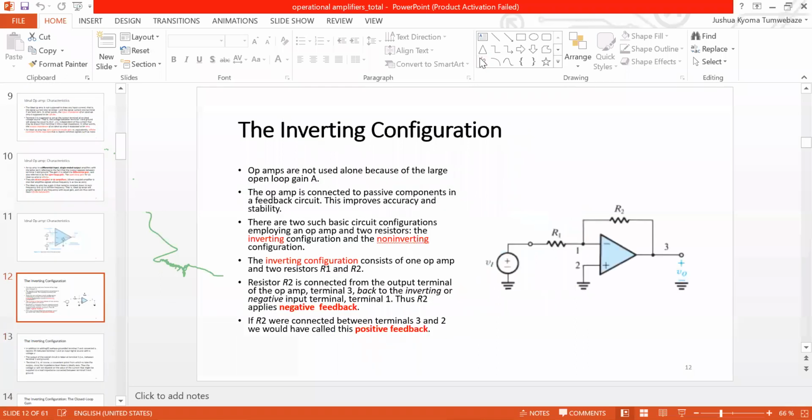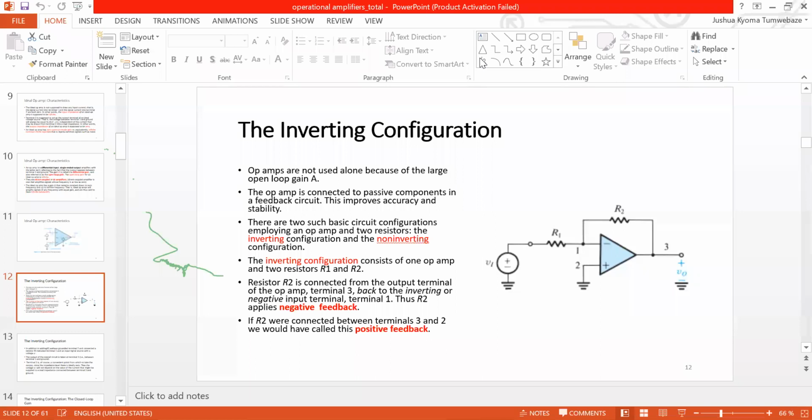Next we move to look at the inverting configuration of an operational amplifier. As we mentioned, the open loop gain A is usually very large, and for an ideal op amp, it is actually infinite. Of what use would such an amplifier be to a designer of an electronic circuit?